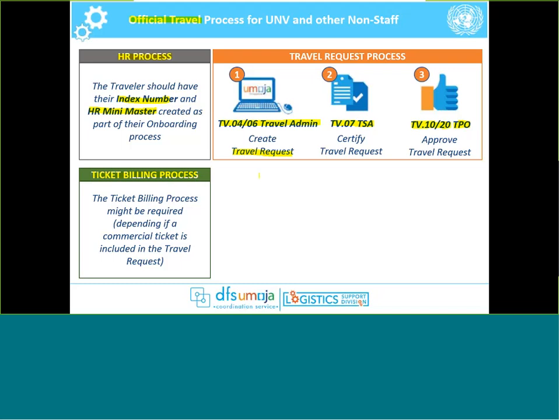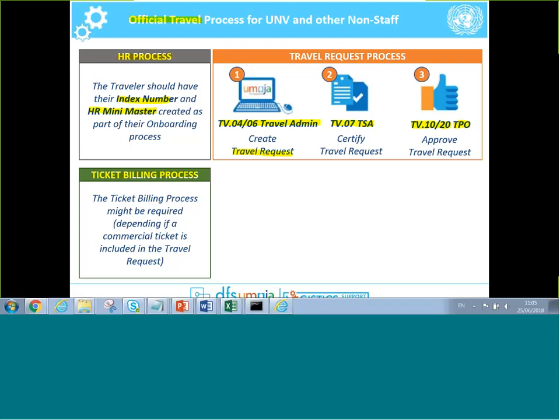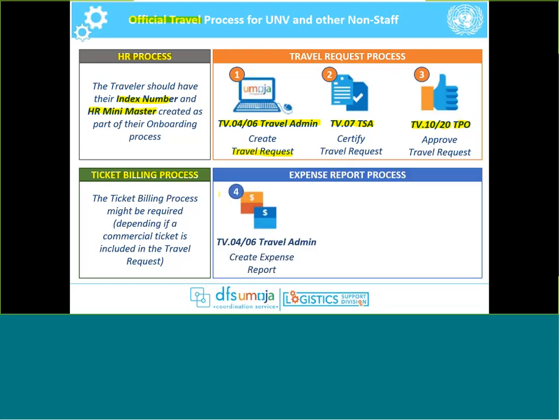And after the travel request has been fully approved, also remember that expense reports can only be done once the traveler has come back from their trip. So once the traveler has come back from their trip, as a travel administrator, you will be able to create the expense report.